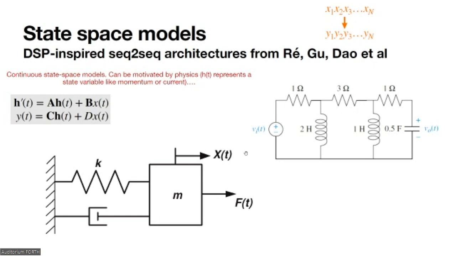So the basic idea of these state space models is that they're modeled on these linear state space systems that you see in engineering and in physics, where you've just got some linear ODEs. You've got an input signal, some hidden state that drives, and then an output signal. And these are your sort of seq-to-seq inputs and outputs. The clearest analogy is in a system of masses and springs in physics, where the input signal is a force, the output is position, and the hidden state is momentum.